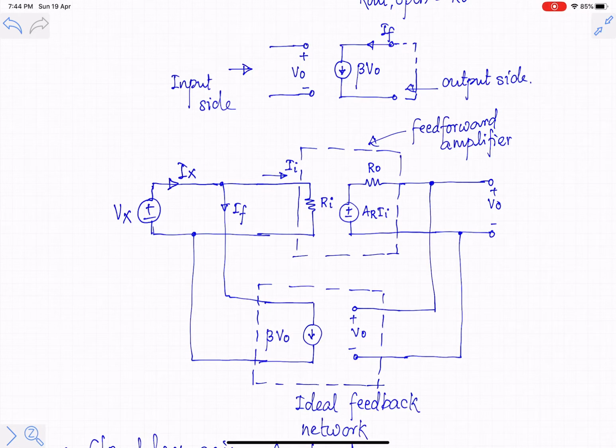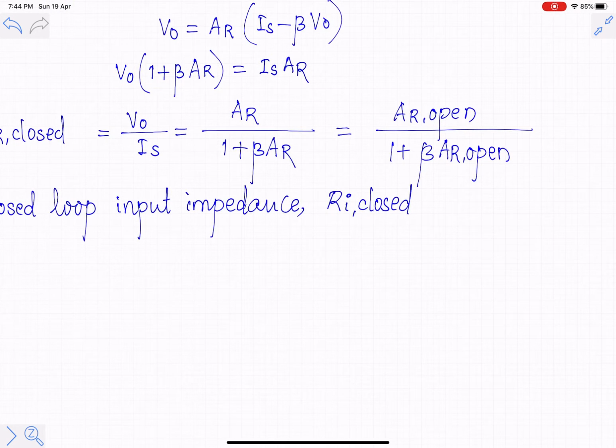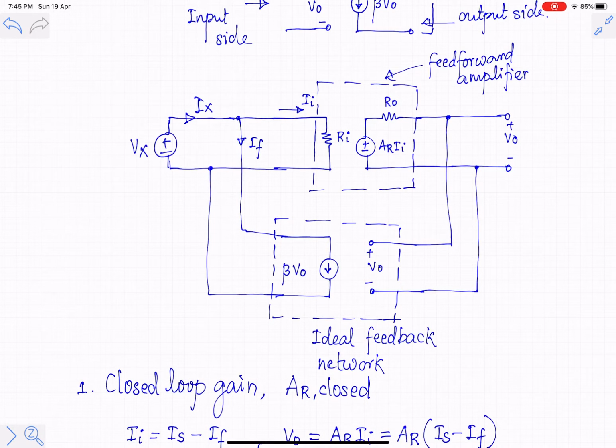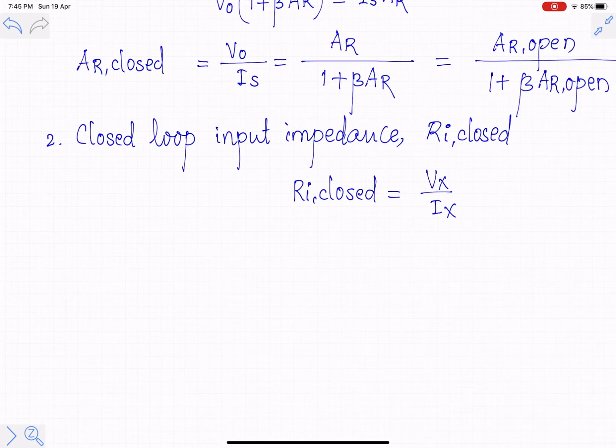Once this is known, Ri closed can be written as Vx divided by Ix. Now from this it is very clear that Ix is equal to If plus Ii. Now we know that V0 is equal to AR into Ii.